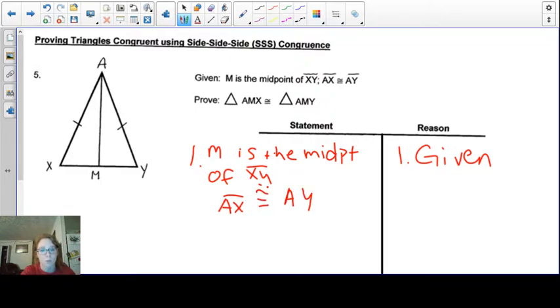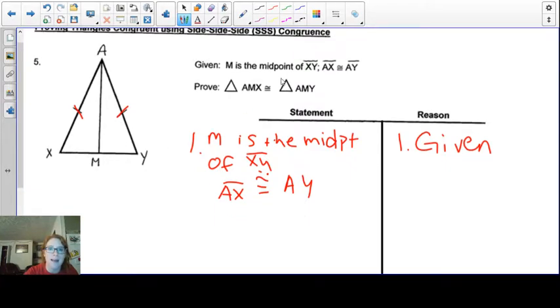Now, let's make sure that stuff's marked. Okay, my AX is marked and my AY is marked. Awesome. But what does that word midpoint mean? Well, midpoint means it cuts something in half. It's in the middle. So here's my ruler of 0 to 12 inches.